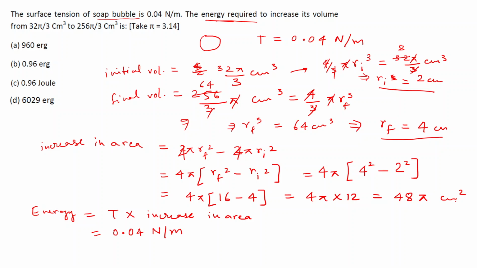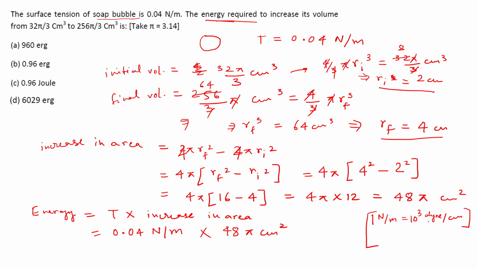So area is in centimeter square. We can convert this surface tension, which is in Newton per meter, into CGS. So first, the increase in area is 48 pi centimeter square. The conversion of Newton per meter, in SI unit it's Newton per meter, in CGS units it's dyne per centimeter, and we know that 1 Newton per meter is equal to 1000 dyne per centimeter.